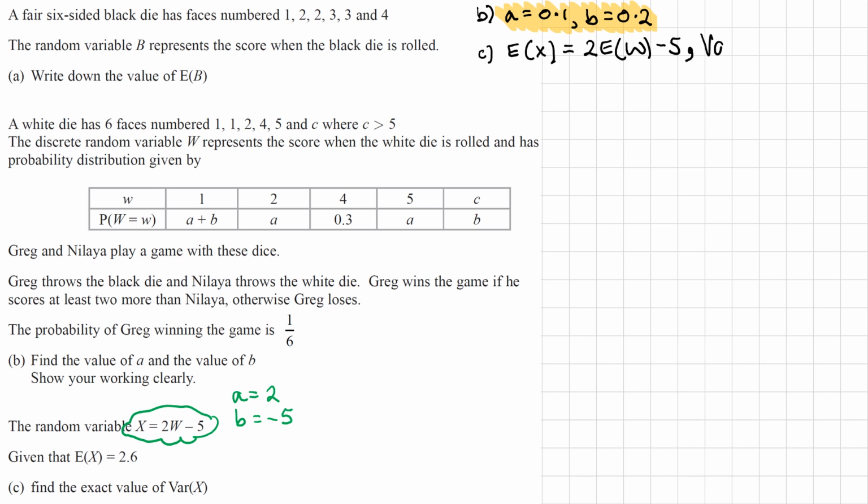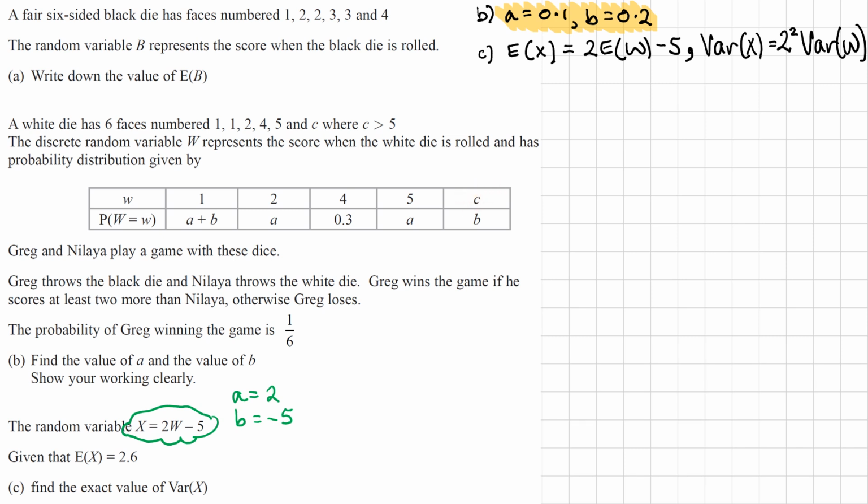And then for the variance of X, which is what we need to find, that will be a squared, so 2 squared, times the variance of W. So I can find the mean of W from this table, and if I can find the mean of W, I can use it to find the variance of W, and then use that to find the variance of X. So I can just rearrange this formula to get the mean of W, and use that to find this value of c. So let's do that first.